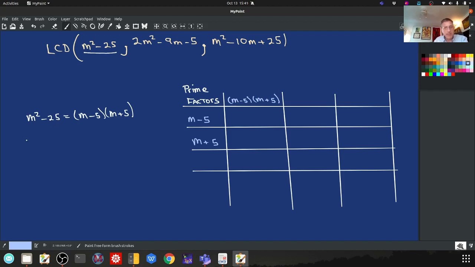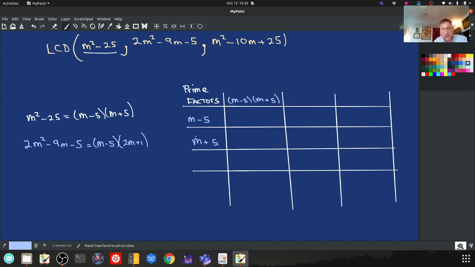So the next thing we want to do is factor 2m squared minus 9m minus 5. And that turns out to be m minus 5 times 2m plus 1. Now I already have m minus 5 as a prime factor in my list.